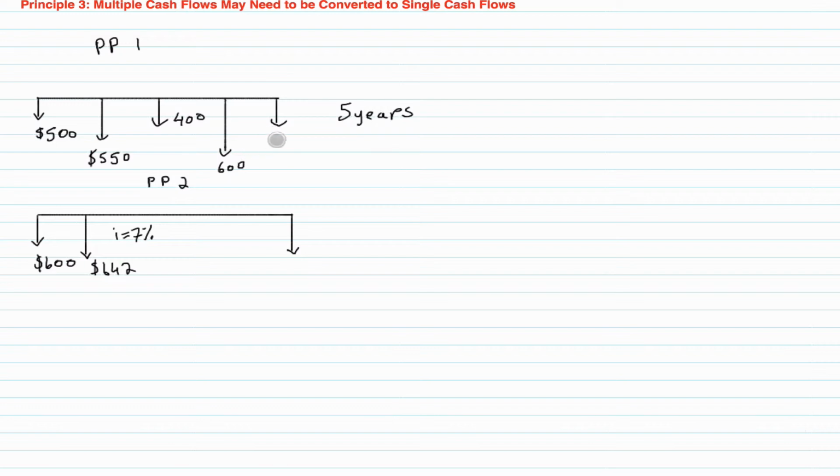So for example, you would calculate the future worth at this point. You would take 500 times 10% over 5 periods, 550, 4 periods, and you do 10% of that. So you can convert each of these cash flows into one single cash flow here. And it doesn't just have to be at this point. It could be at this point, or any point for that matter.